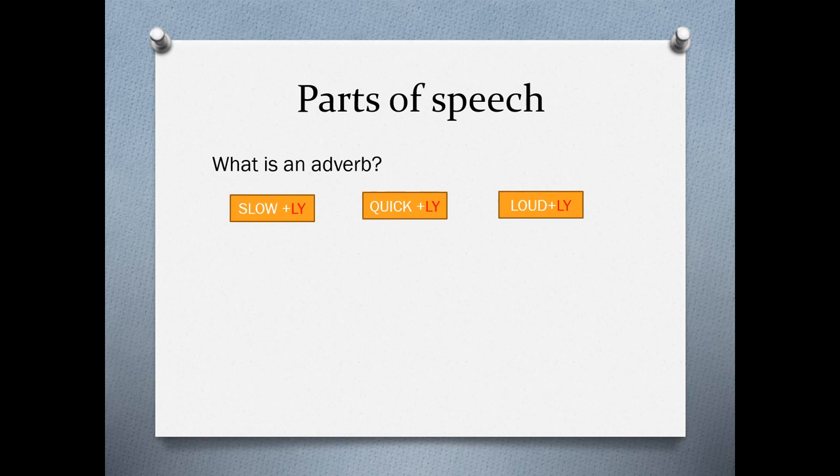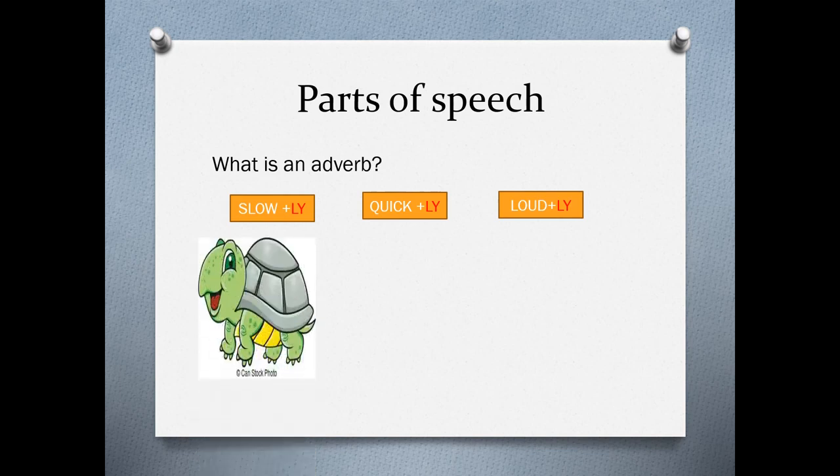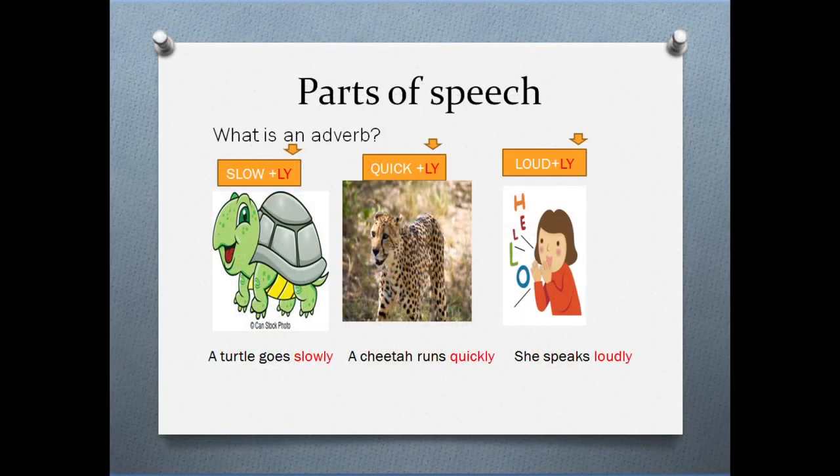Okay, let's make sentences using those adverbs. There is a turtle, a cheetah, a girl. A turtle goes slowly.